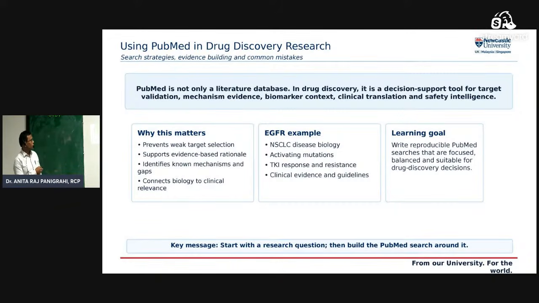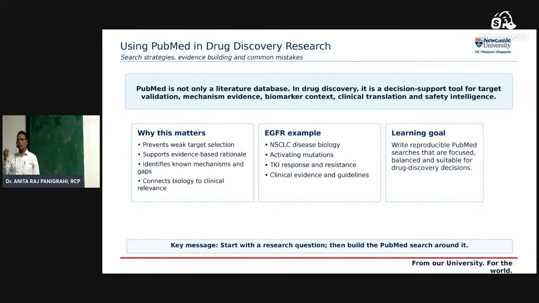Here we are going to talk about how effectively we can use PubMed, and this is called evidence building. How to create the evidence? We cannot simply say that, suppose I say EGFR is very good. People won't believe that, don't believe Arjun.